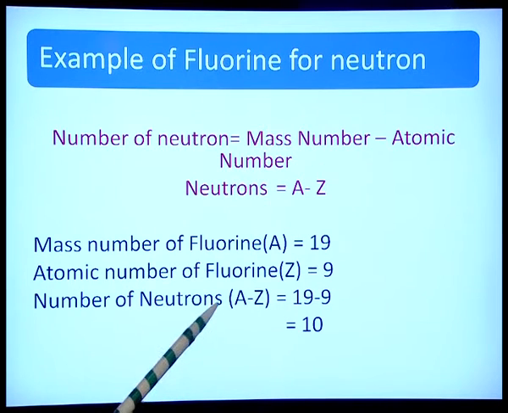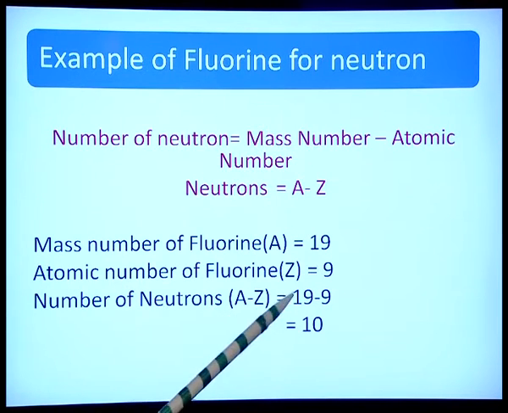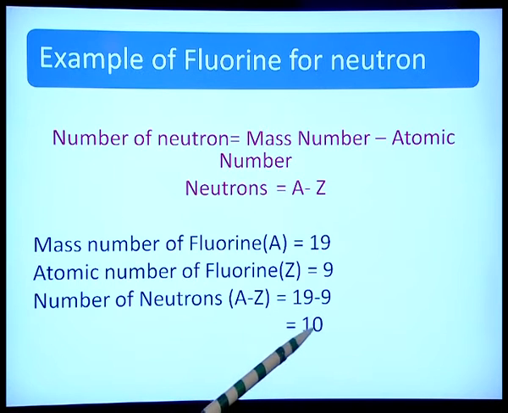So, you can calculate the number of neutrons: 19 minus 9, it is 10. Dear learner, now you are able to calculate the number of electrons, protons and neutrons in an atom from their atomic number and atomic mass.